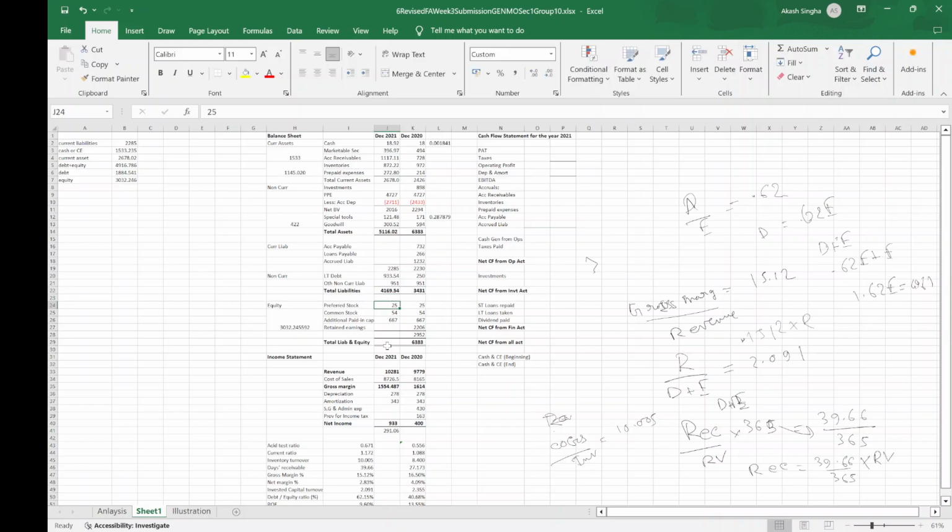Yep. So total liabilities is given, total equity is given 3032. So total liabilities plus equity is this plus this, 7201. Now investment should be 7201 minus this value, 2086, and this should be plus of, okay, we cannot add, I think.